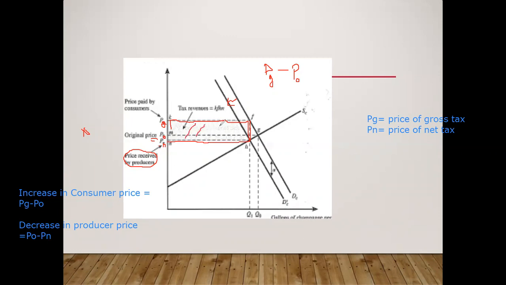This is the amount of revenue from the tax. So tax revenue is the area of this rectangle.